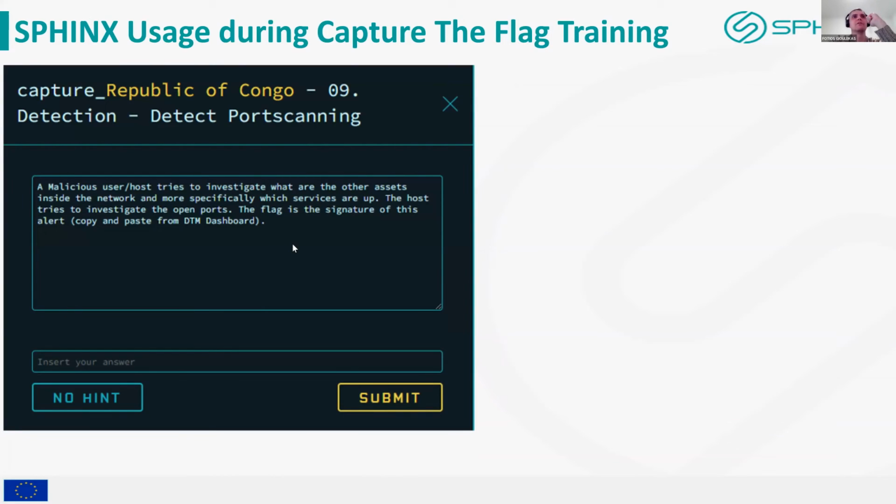Here we show an example. For example, the target here was to detect a port scanning. So the main story was that a malicious user tried to investigate what other assets were inside the network, more specifically which servers were up and running. And the target here was to find out the signature of this alert.